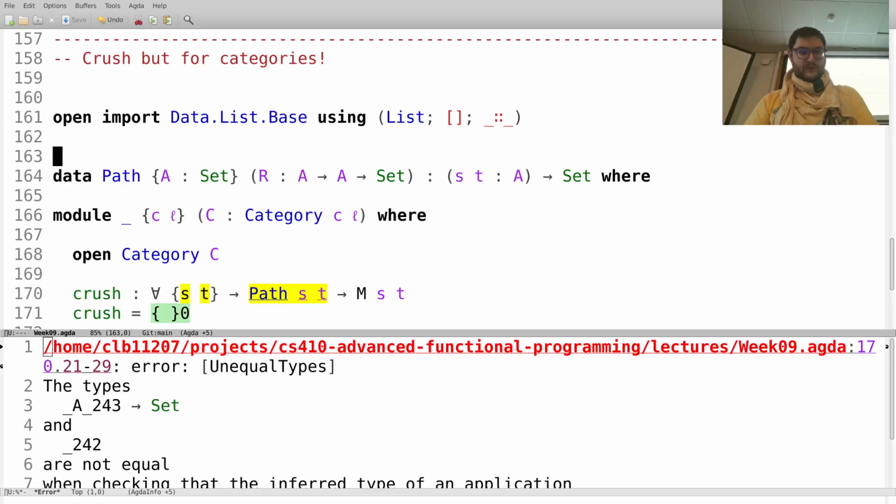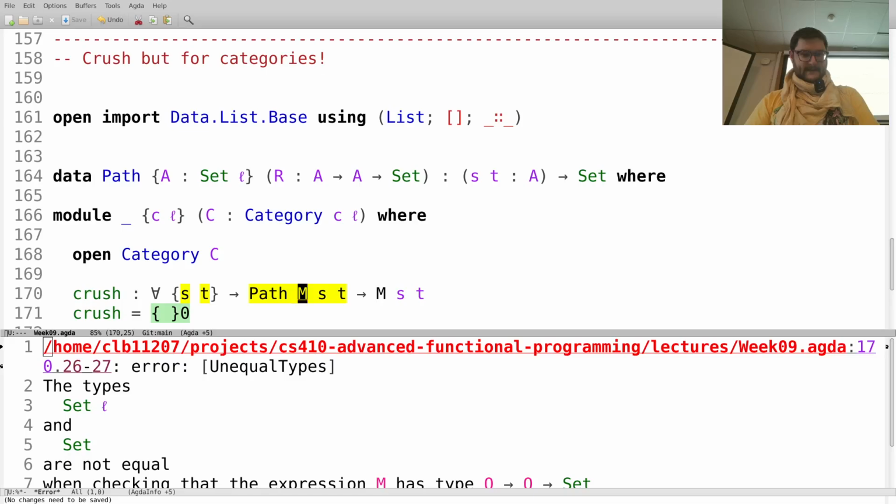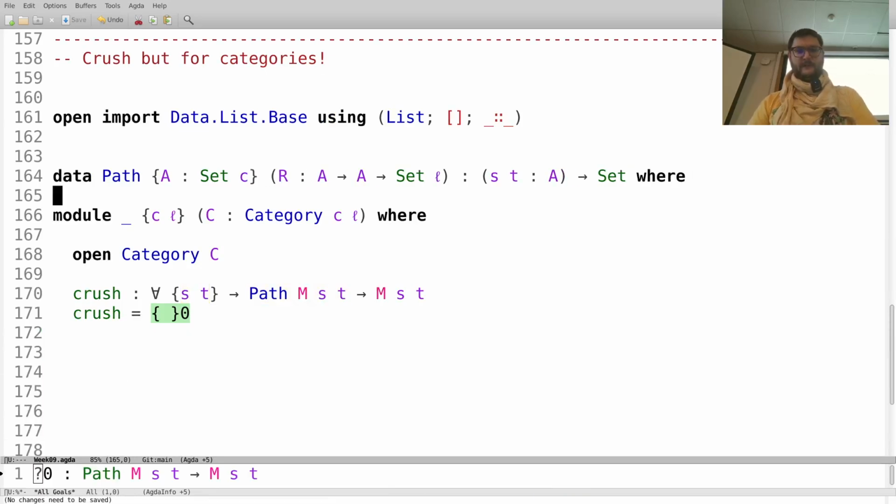Or I suppose I should do this for full generality. You're also going to want A to be some other Set. So this definition will be basically like lists, except that now we have a source and a target, or a start and an end, and we have a relation describing the sort of moves we are allowed to make in the graph.